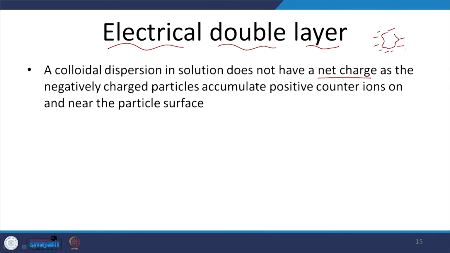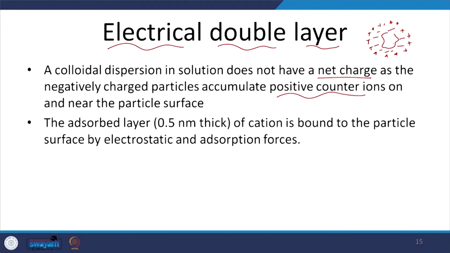Because the colloids, which have a negative charge, will attract a positively charged layer around them: positive counter ions on and near the particle surface. This layer is thin, only 0.5 nanometer thick, and is made of cations, meaning positively charged. They are bound to the particle due to electrostatic and adsorption forces, primarily electrostatic, because of the negative charge on the colloid. That is why it is surrounded by these cations.